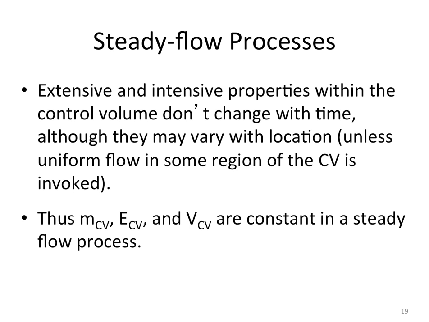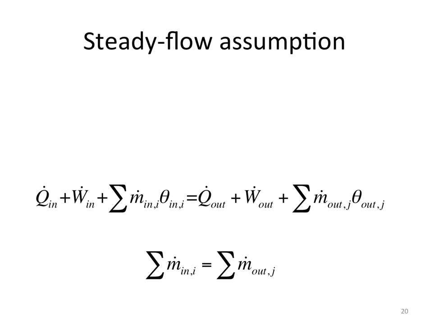So in a steady flow process, the extensive and intensive properties within the control volume don't change with time, even though they may vary with location. That's generally the case. The properties do vary from one point to another within the control volume. So the mass, the energy inside a control volume, and the volume of a control volume are all constants in the steady flow process.